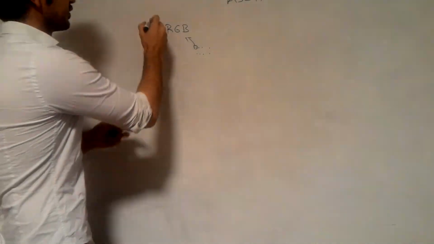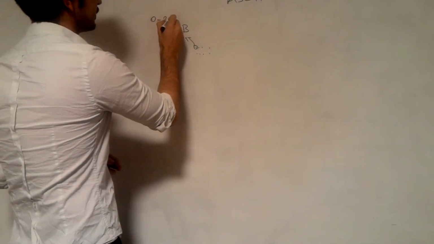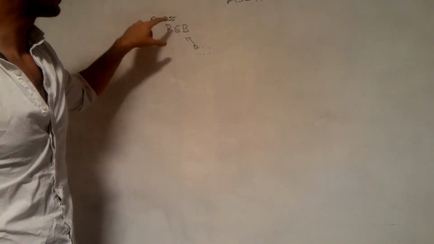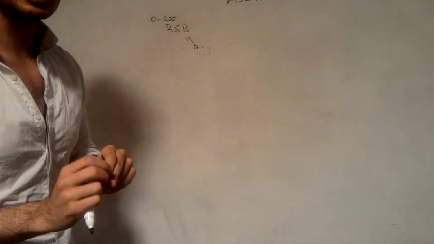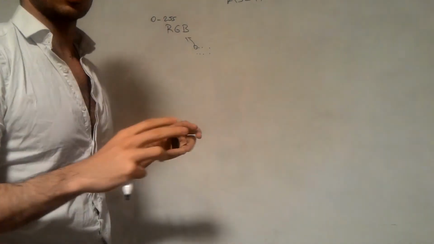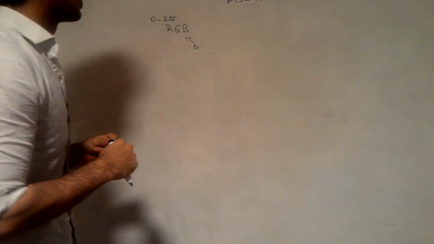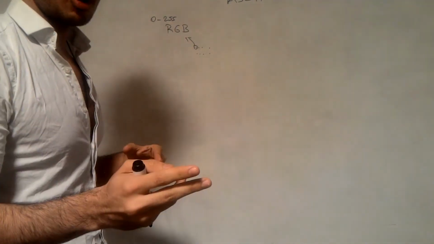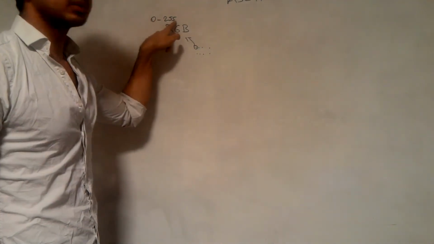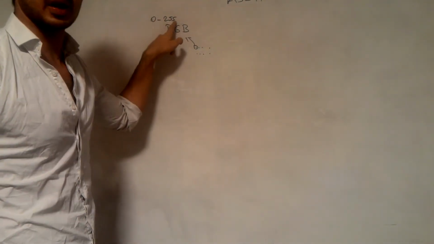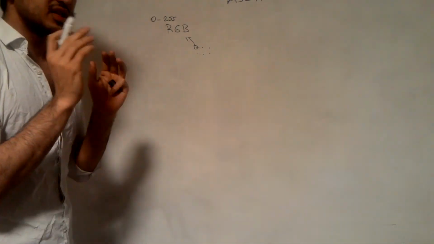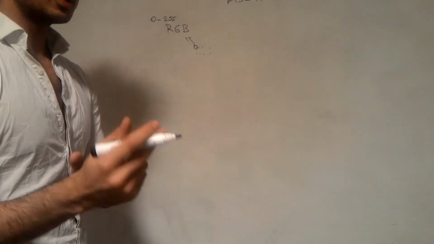So it begins from 0 to 255, because 255 is the maximum number that an 8-bit, a 1 byte, can hold. Because we have 256 options, and with 0 included, the maximum number that you can have is 255. Okay? So we just say this much red, this much green, this much blue.